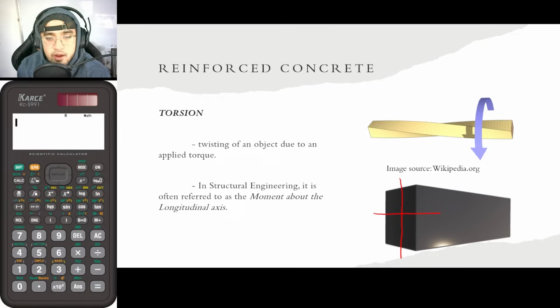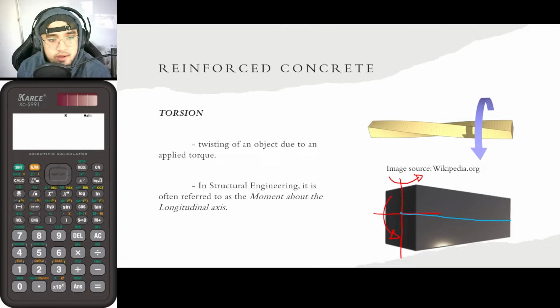So if we are now to apply a moment here about that axis, that is still a bending moment. It would just bend about its weak axis. And if we are now to apply a moment here, it would just bend about its stronger axis. So I will be introducing to you another axis, which is the longitudinal axis. And when we say longitudinal axis, that is the axis that is along the length of the member.